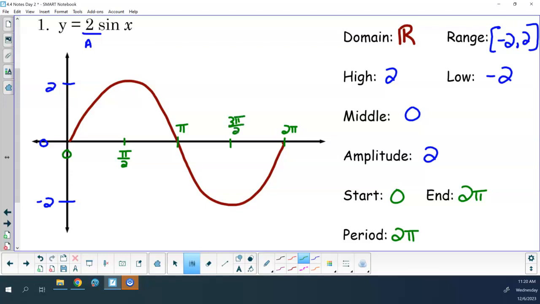We asked for all 5 of those labels because those are going to be either a middle, a low, or a high on all 5 of those spots. Okay? On a cosine, it would be high, middle, low, middle, high. Okay? And that, ladies and gentlemen, is a complete graph of y equals 2 sine of x.